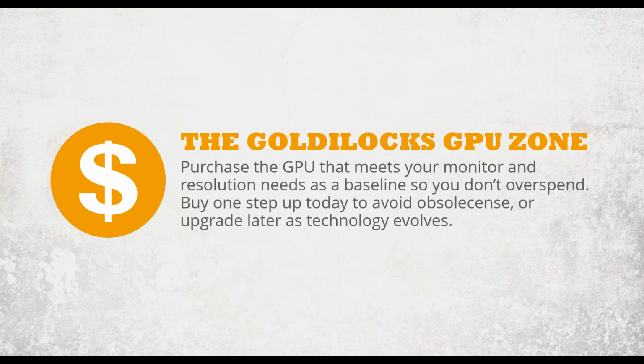It is sometimes advisable to go ahead and buy up one step, spend a few $100s more to get the next step up, just simply to avoid obsolescence. Otherwise, you might find out that the GPU you have today is inadequate for your future needs, so you may have to remove your current GPU and put in a new one. Sometimes buying a step up is more economical than upgrading later.